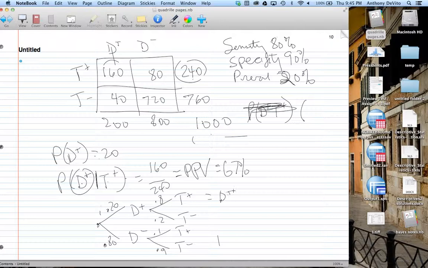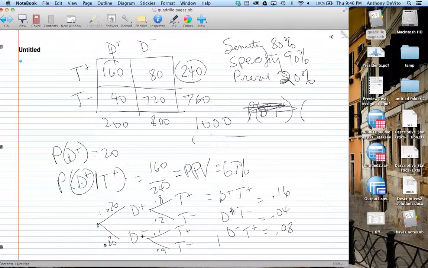In other words, disease and test positive is 0.16. Having the disease and testing negative is 0.2 times 0.2, which is 0.04. How about not having the disease and testing positive? That's 0.8 times 0.1, which is 0.08, so 8% of the time.